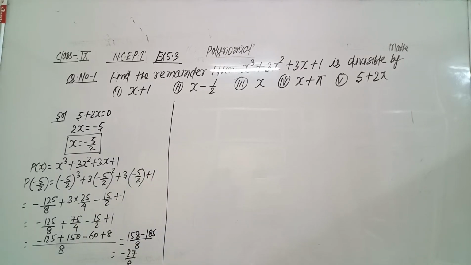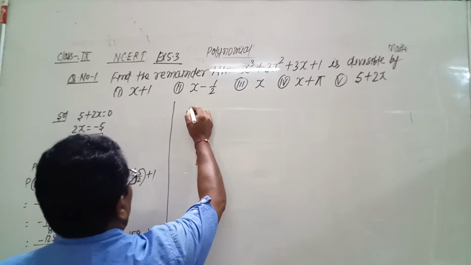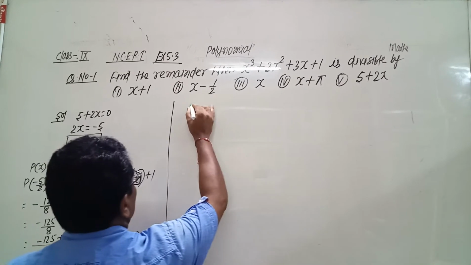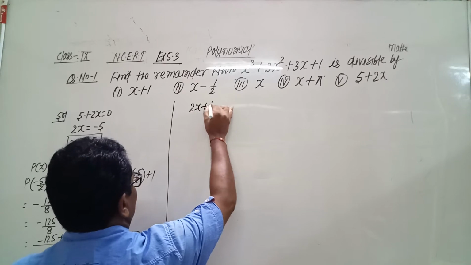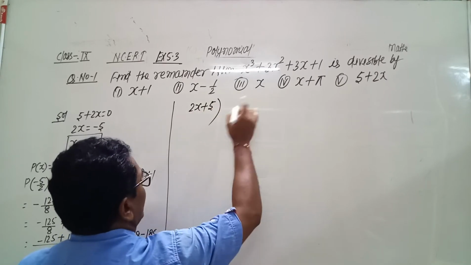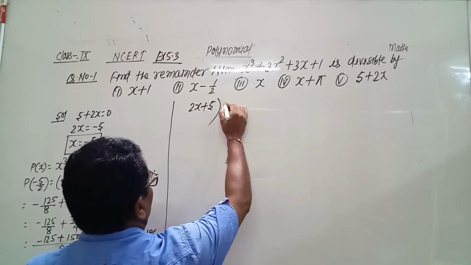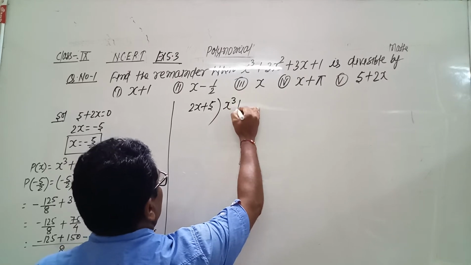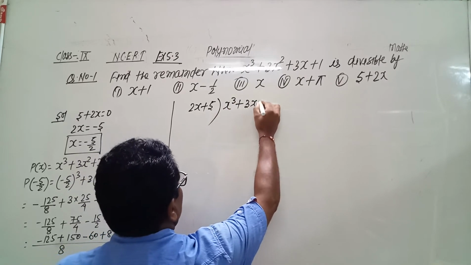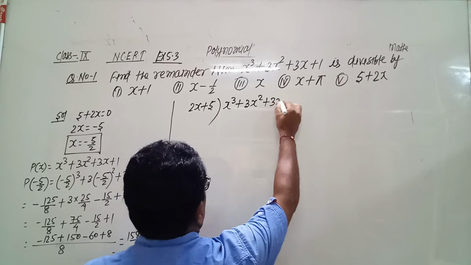So 5 plus 2x can also be written as 2x plus 5. This is the divisor, and the dividend is x cube plus 3x square plus 3x plus 1.